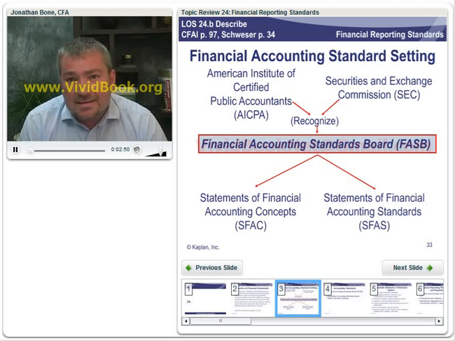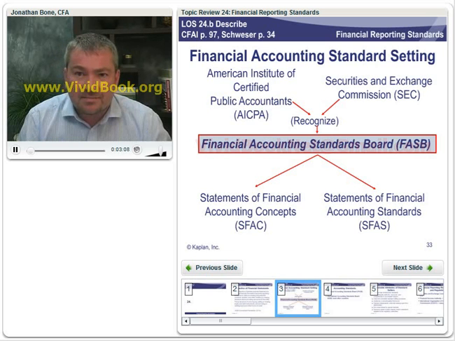Again, the SEC is responsible for looking after stock exchange listed companies, and they recognize the Financial Accounting Standards Board as well. In other words, if you're a listed company or you want admission to an exchange, you're also going to have to comply with the statements of financial accounting standards.